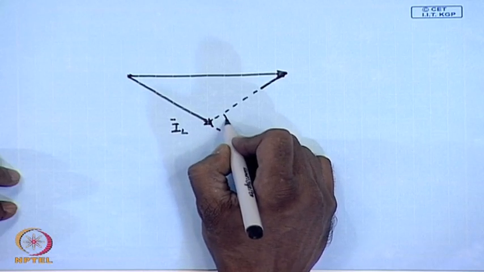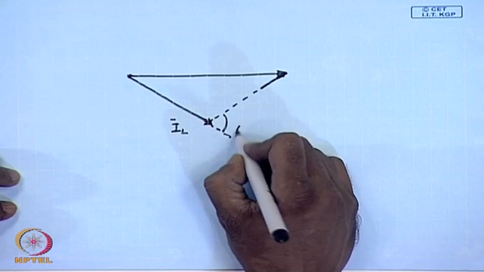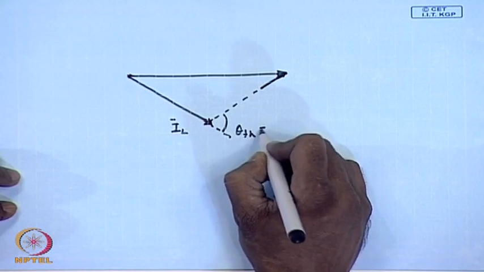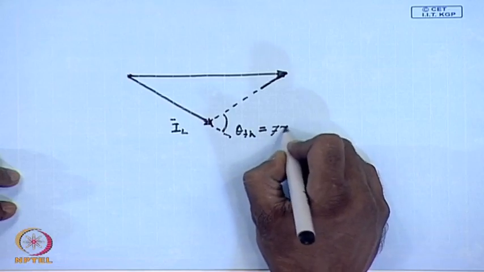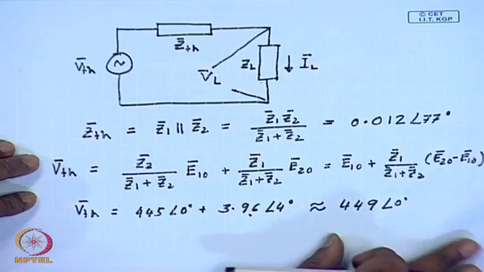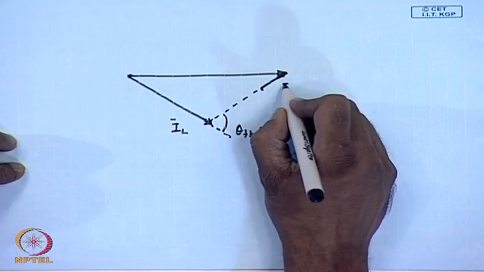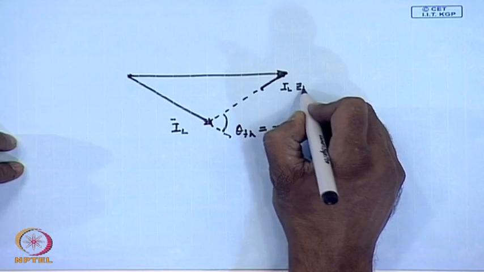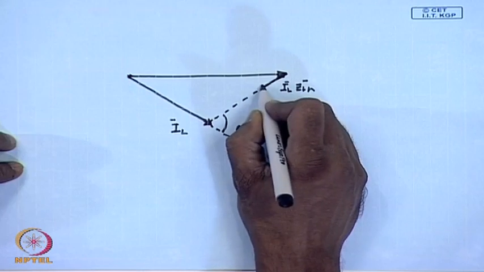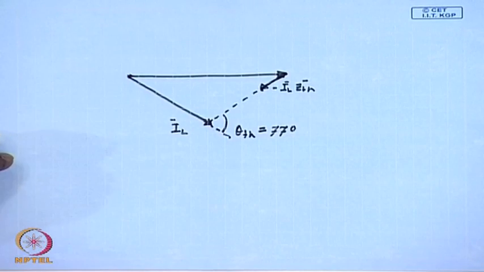So, this angle will be the angle of ZTH, which is theta TH equal to 77 degrees. We have got the angle of ZTH to be 77 degrees. So, let us say this is the magnitude IL ZTH minus IL ZTH.